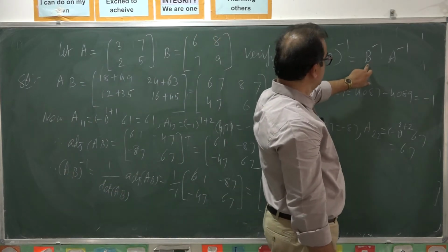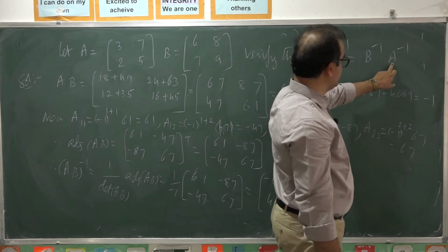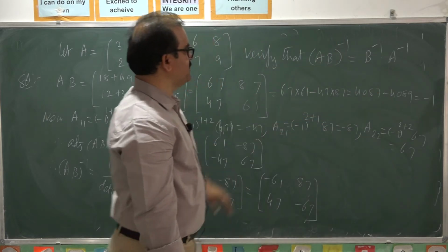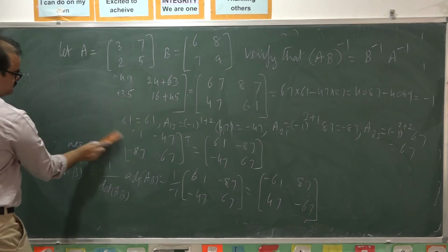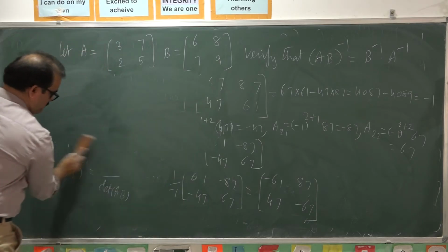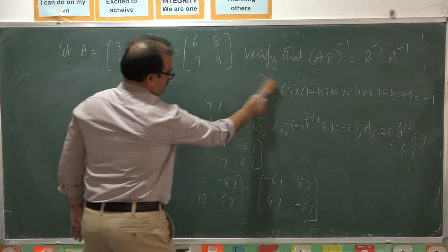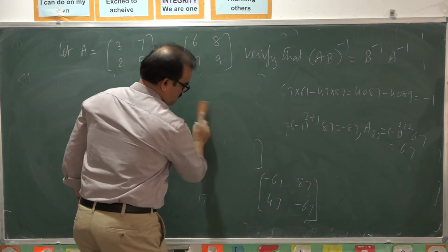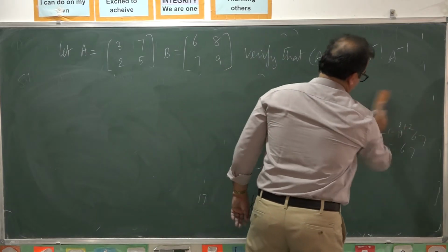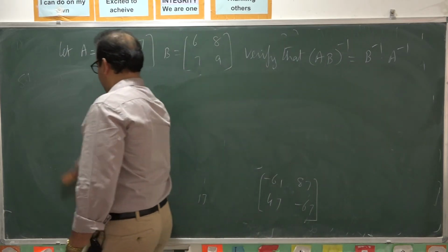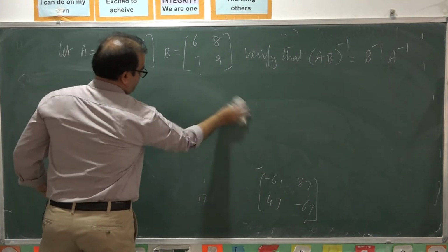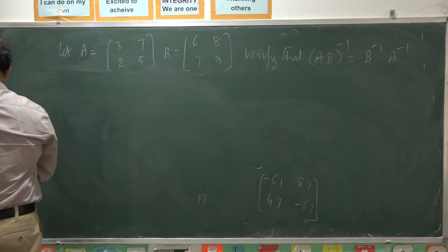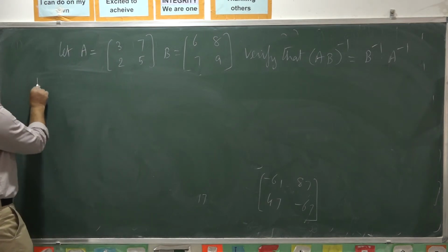Now we find RHS value. First you find B inverse and then A inverse, and on multiplying you get RHS value. First you find B inverse.